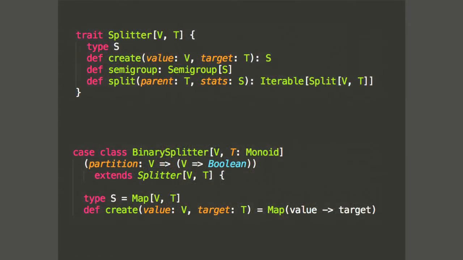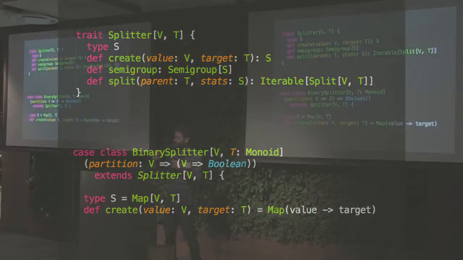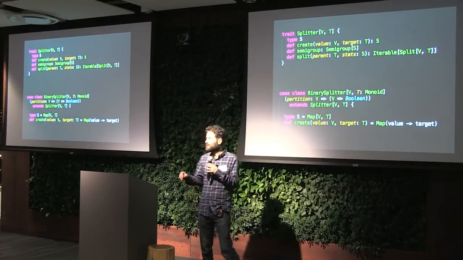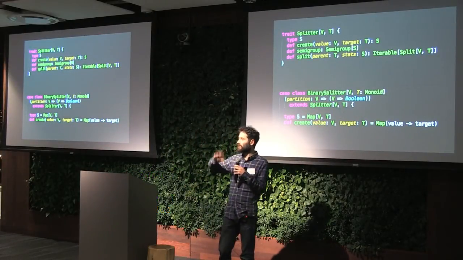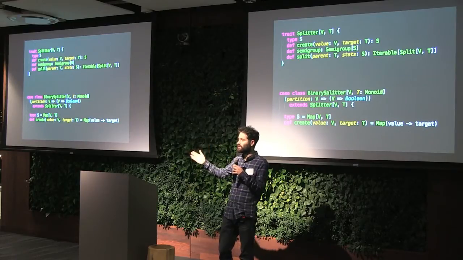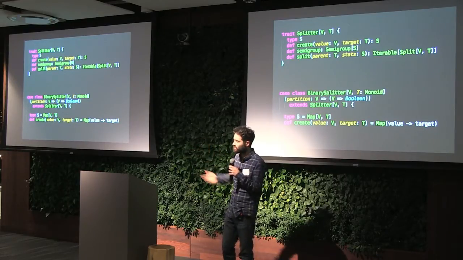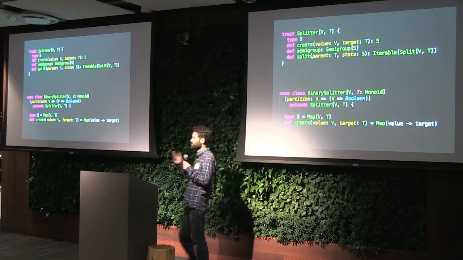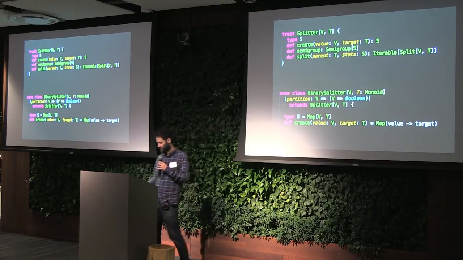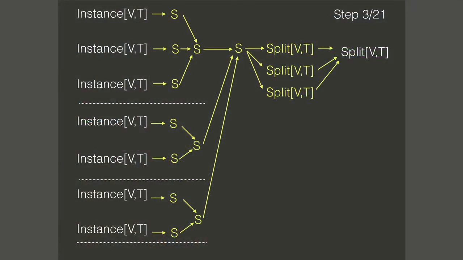And so you might have, for example, a binary splitter here that works as long as you have a monoid on T. We can have a map from a value to T as the joint distribution type and so on. And that works as long as you have a relatively small number of possible values, right? And then you might do other things for other cases.